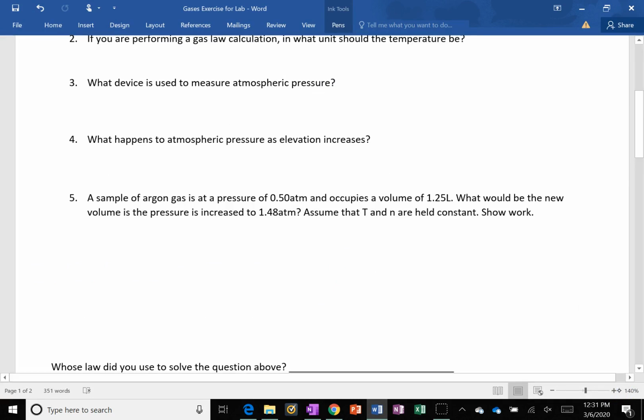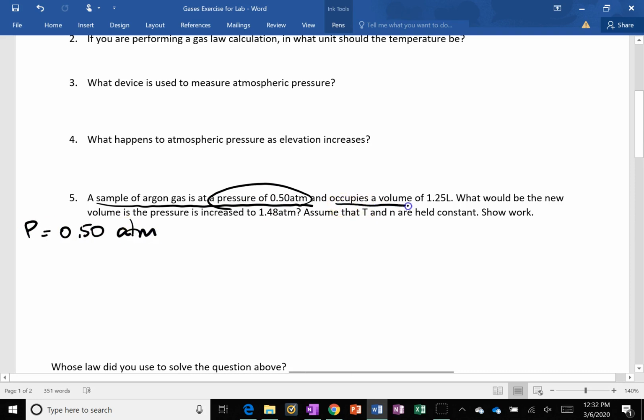All right, so let's say we have here a sample of argon gas, and it's at a pressure of 0.50 atm. So with these gas law problems, they tend to be word problems, and you have to extract the information that's needed. So let's just write down what we're given. We're told that we have a pressure of 0.50 atm. So P is equal to 0.50 atmospheres.